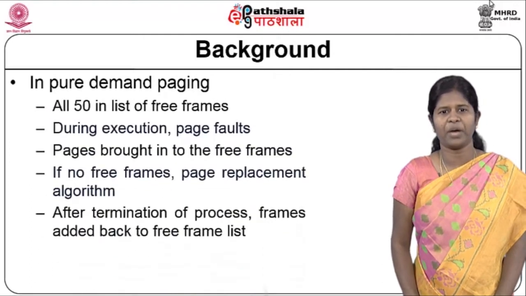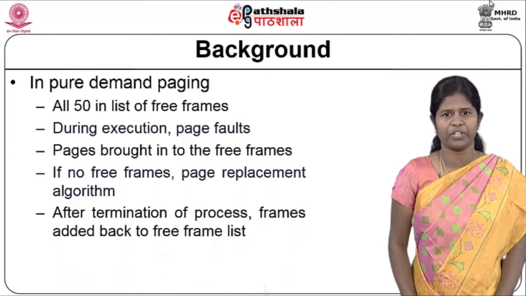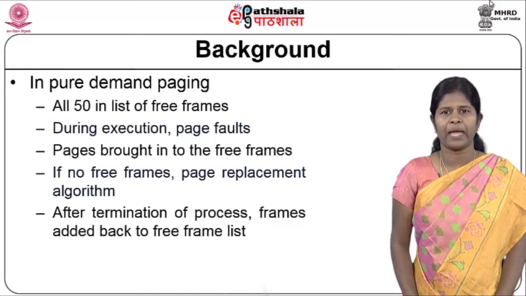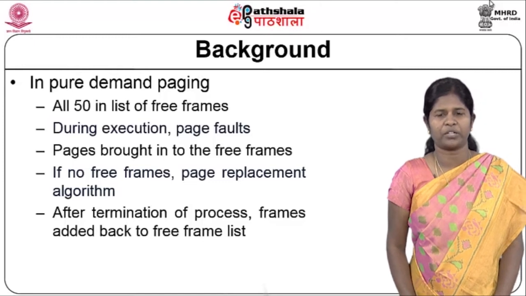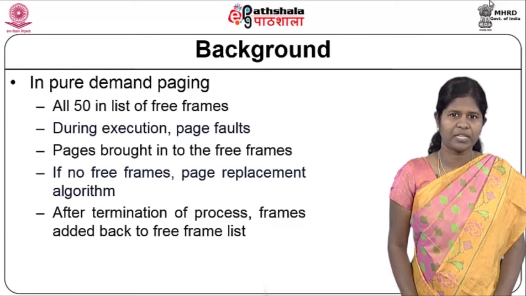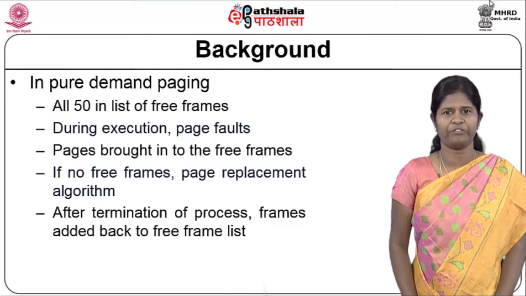In pure demand paging, all the 50 frames will initially be in the list of free frames, and while executing a process there will be a page fault. Even for the first memory reference there can be a page fault, and when there is a page fault the required page is brought into the free frame.